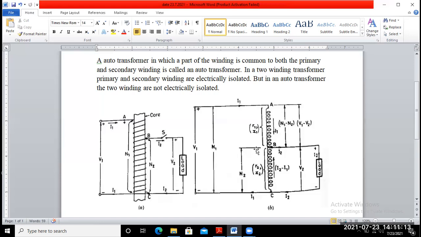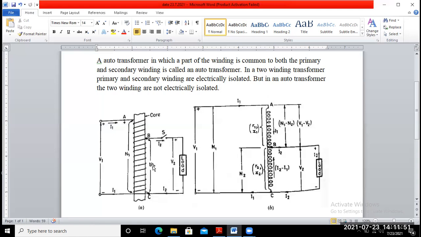Okay, so A to C has N1 turns, and B to C has N2 turns. So what is the number of turns from point A to B? That is nothing but N1 minus N2.